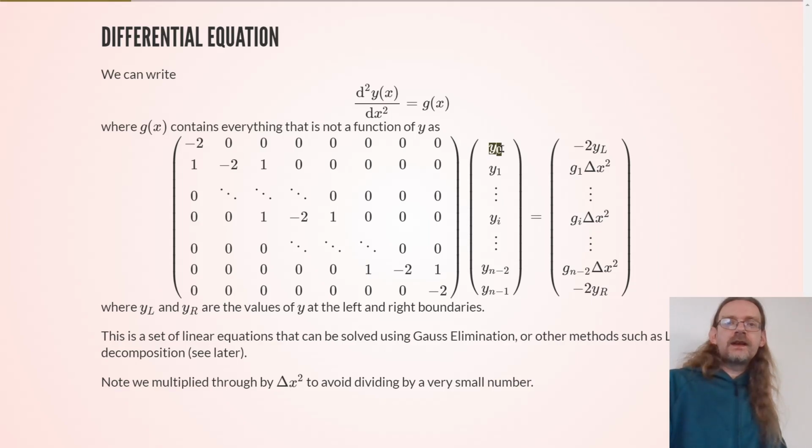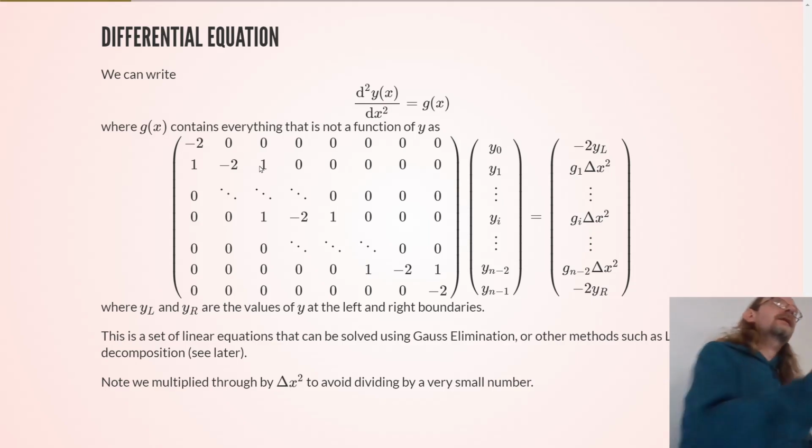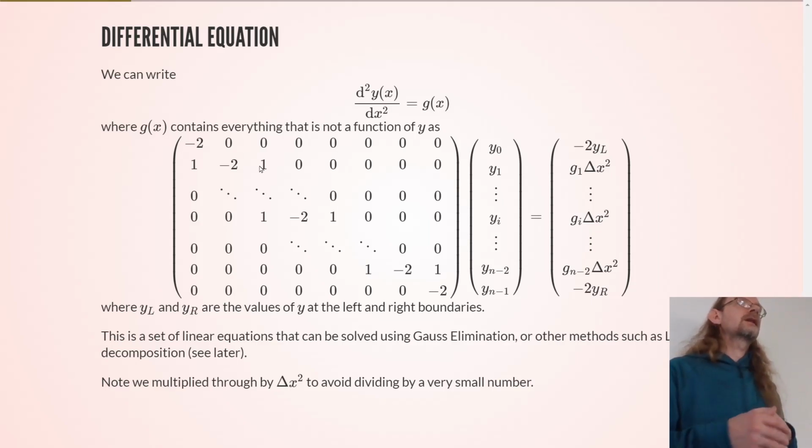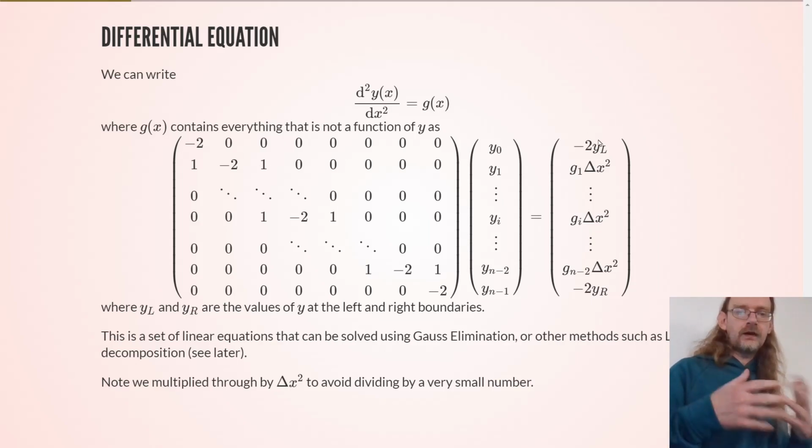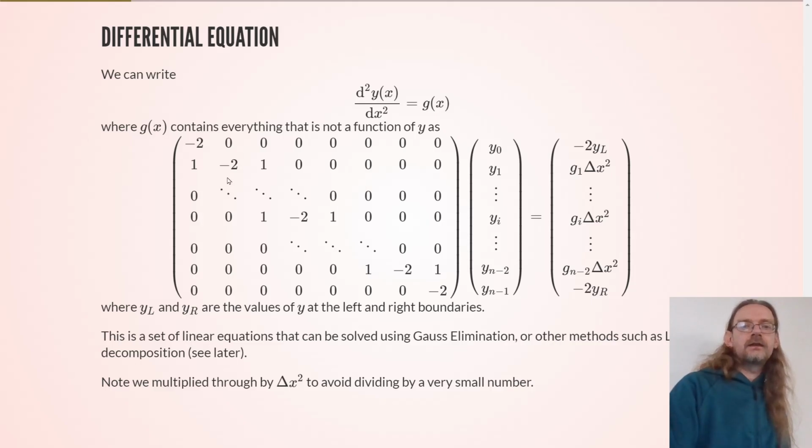But because this y0 is fixed, it does come into the next equation, because this approximation for the second derivative at point 1 is y0 minus 2y1 plus y2. So this fixed value does feed into this set of equations. To make them true, this boundary condition gets baked in, and we get the results.